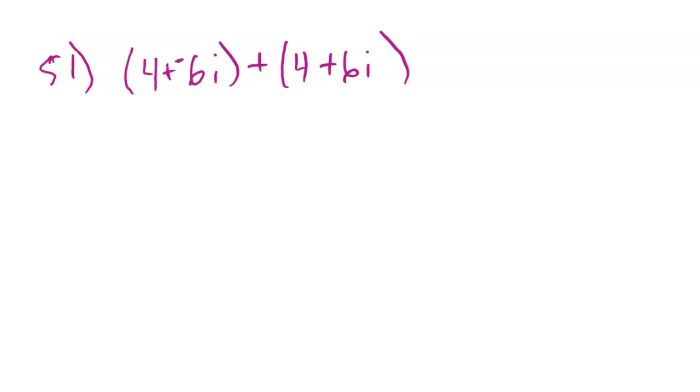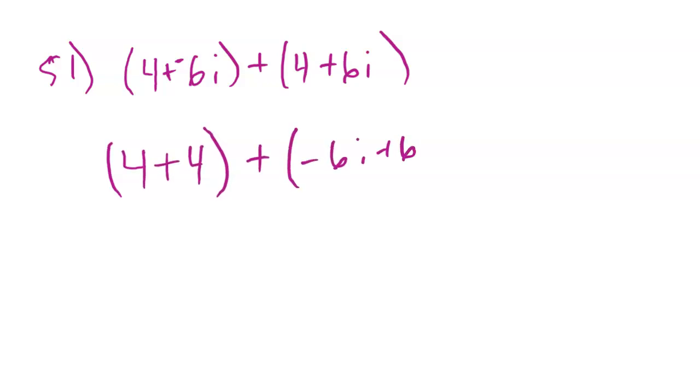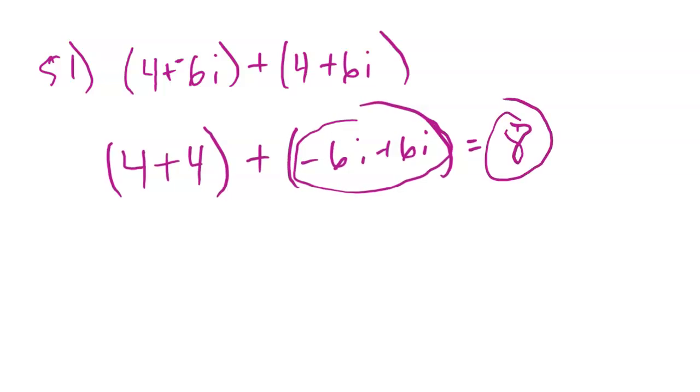So I can regroup and, using the commutative property and associative property, I'd get 4 plus 4 plus -6i plus 6i. And the -6i plus 6i, well, that's just 0. And then 4 plus 4 is just 8. Done? I guess so.